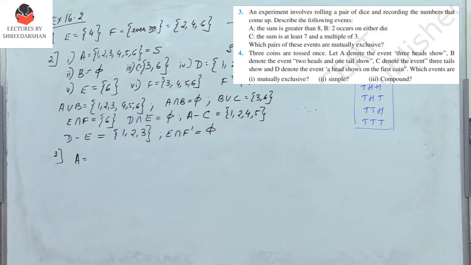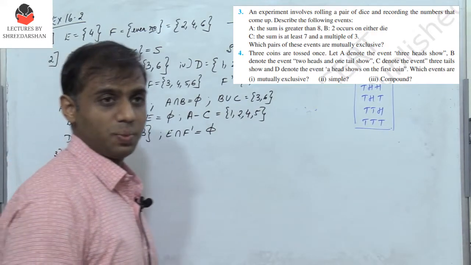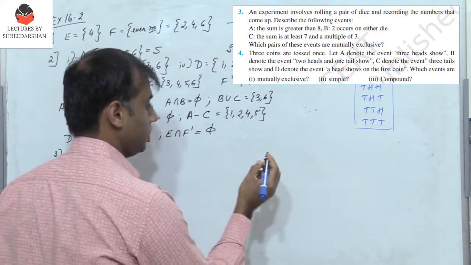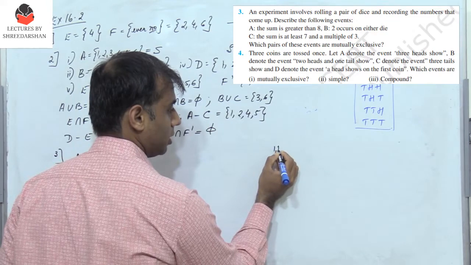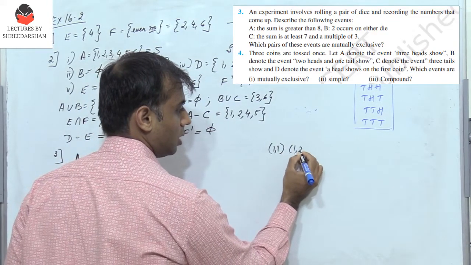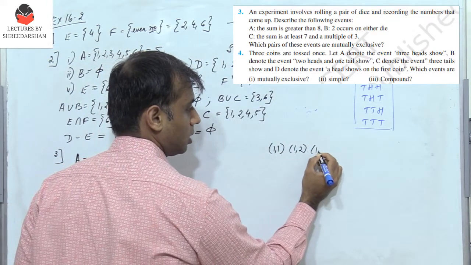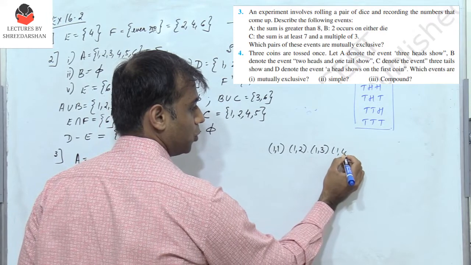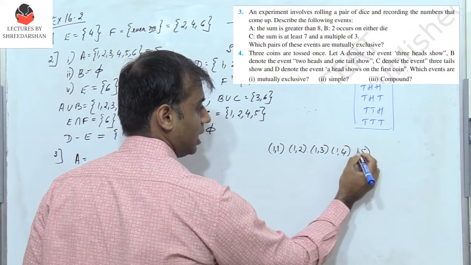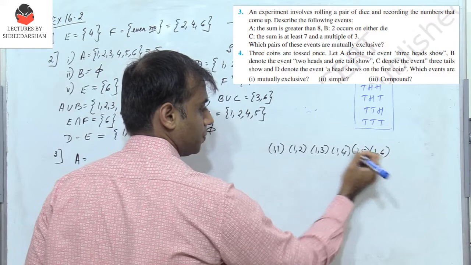So when we roll a pair of dice, what is the sample space? The sample space would be: you may get (1,1), then (1,2), (1,3), (1,4), (1,5) or (1,6).